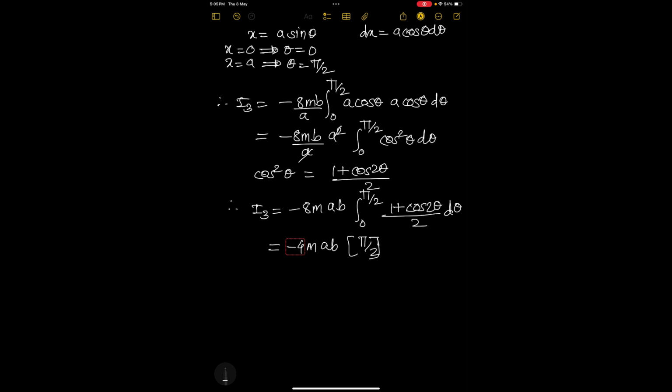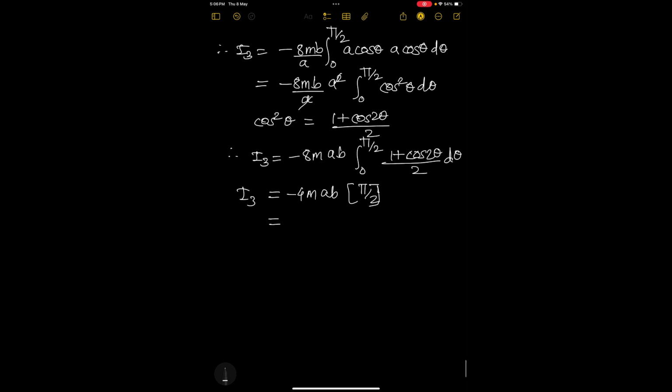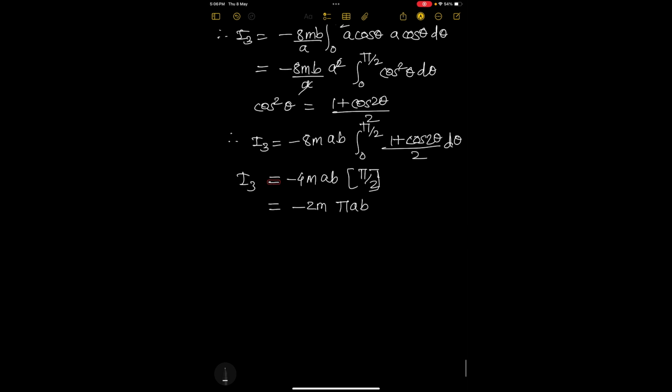We have already taken 2 outside and got this minus 4, and hence that next term becomes 0. Therefore I3 is equal to minus 4ab pi by 2, which we can write as minus 2m pi ab.